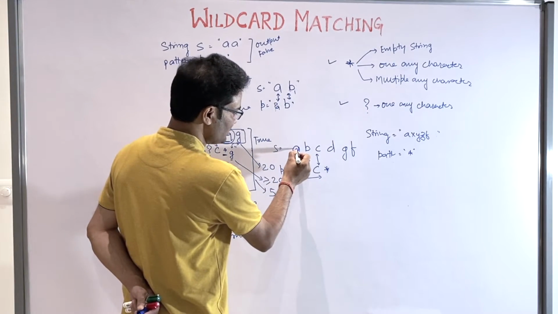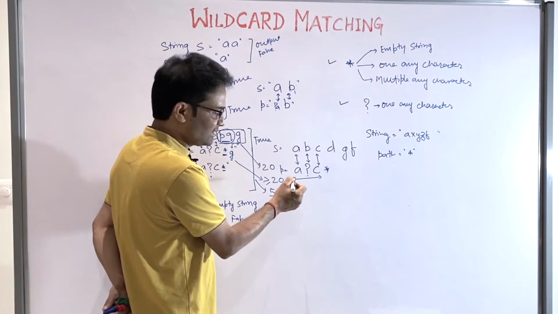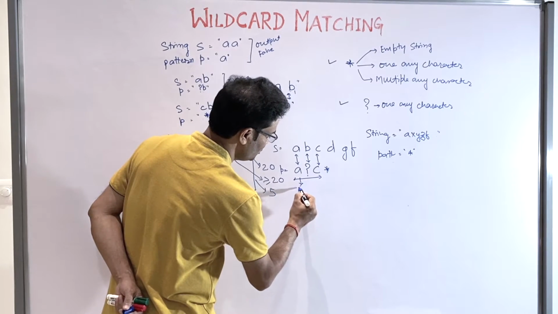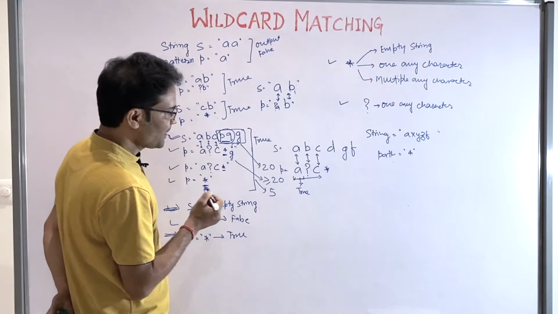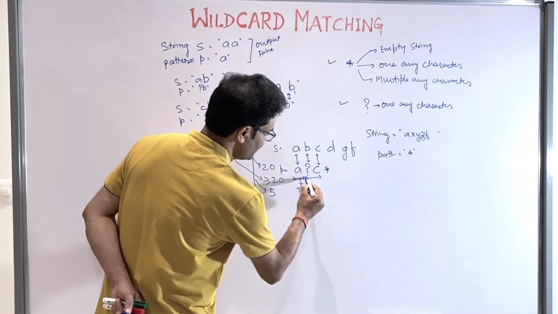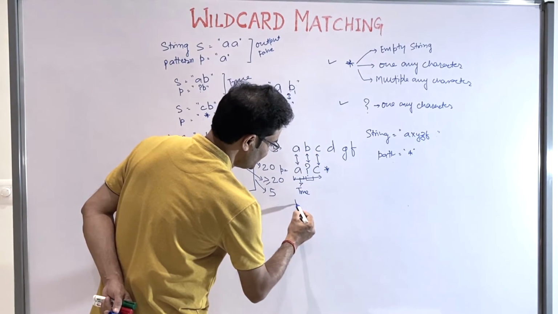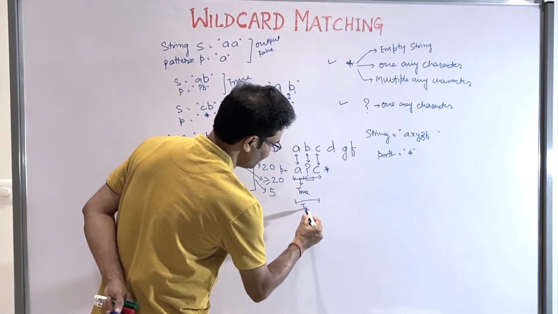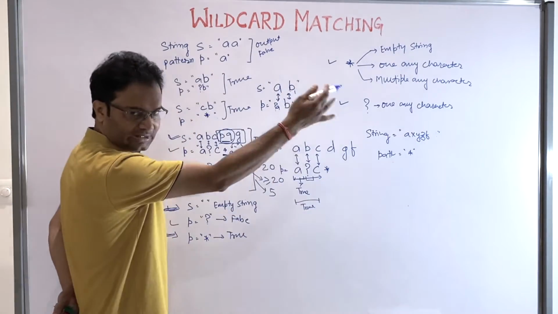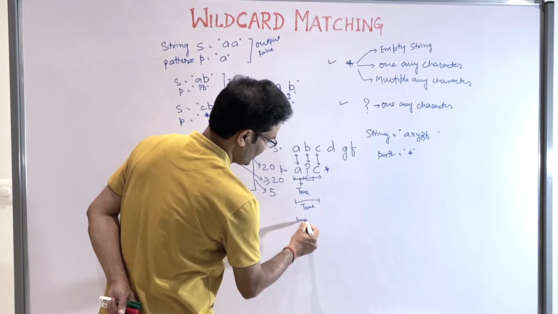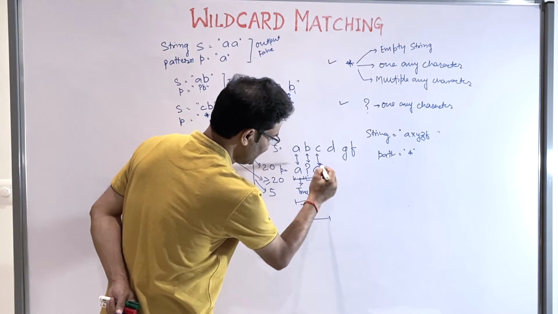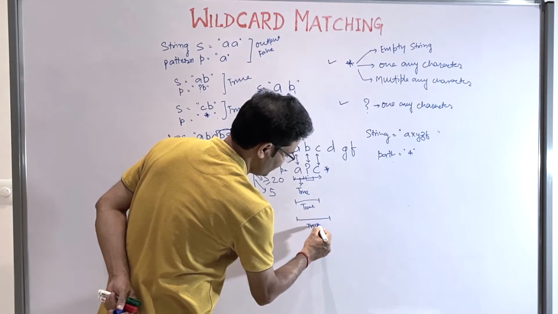If the first character matches with the first character of the pattern, I say this is true till the first character, right? Another character is matching, I will say this is true till the second character. I don't know about the next character, right? Now come to the third character. Now C and C are matching, I can say true.